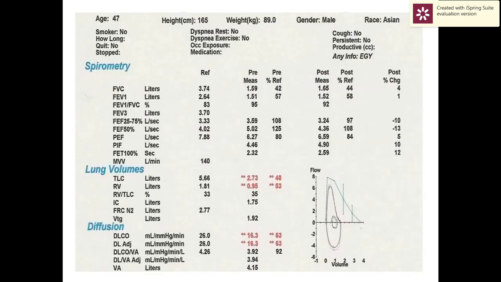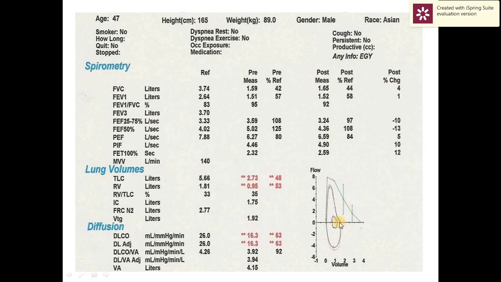Another test. This is a patient with forced vital capacity 42%, FEV1 57%, and therefore there is severe reduction in forced vital capacity, ratio 95%.